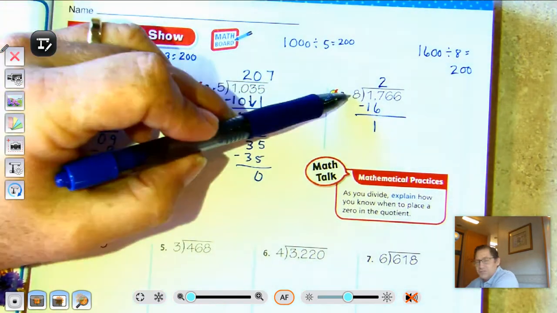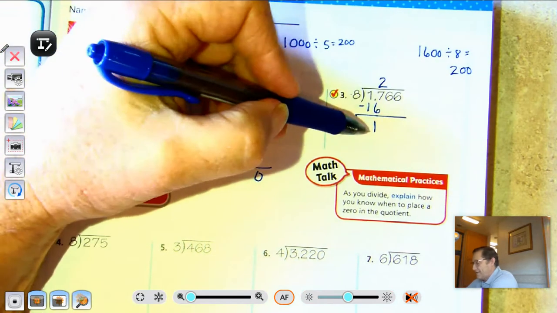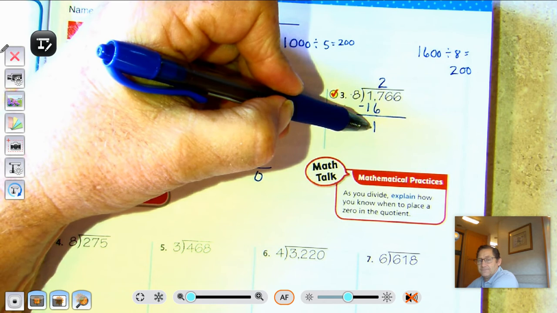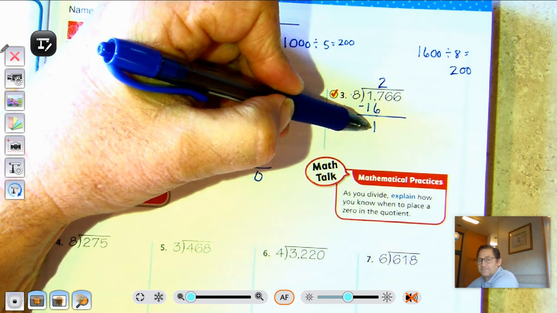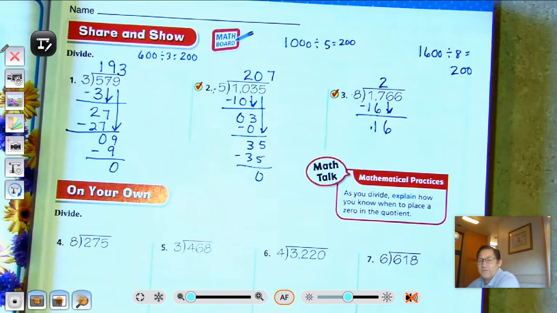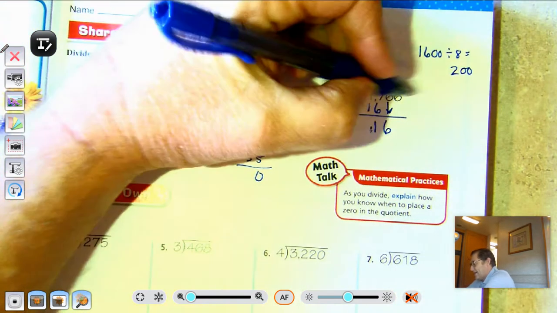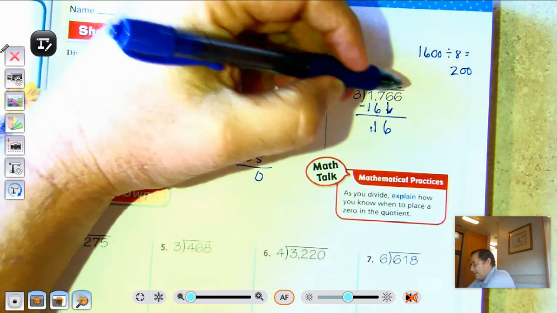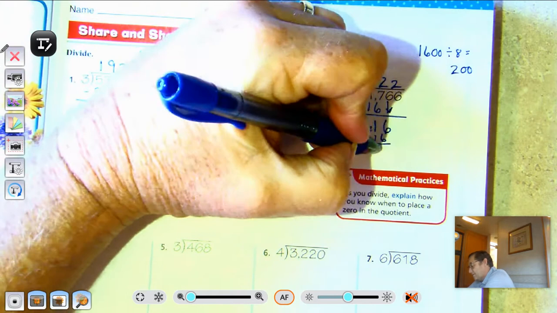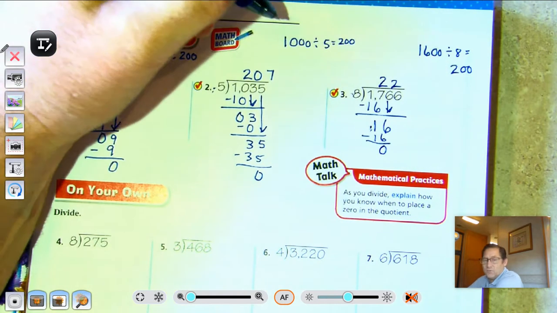I can't share 100 with 8 groups, so let's trade that for 10 tens. And we already had 6 tens. So now we have 16 tens divided by 8. Well, that's 2. 8 times 2 is 16 tens. We're left with 0 tens.